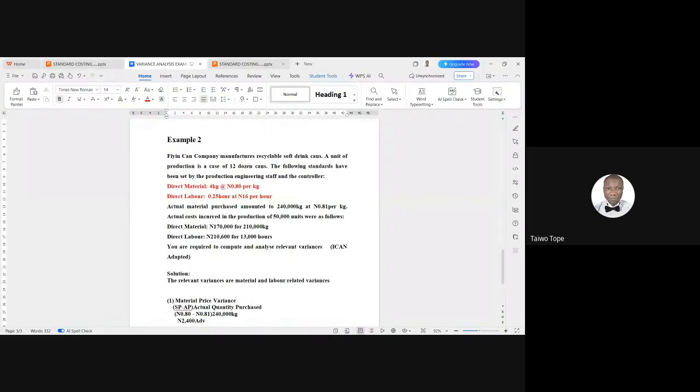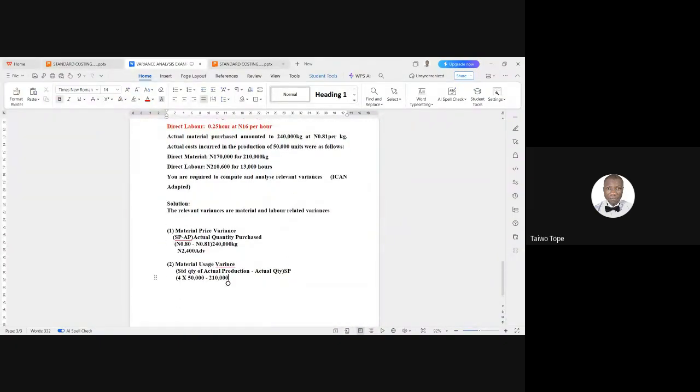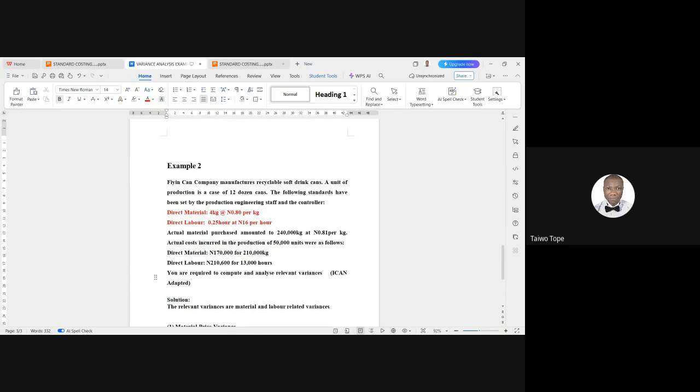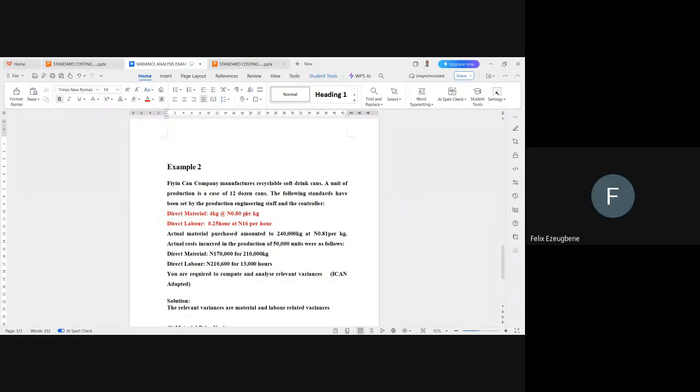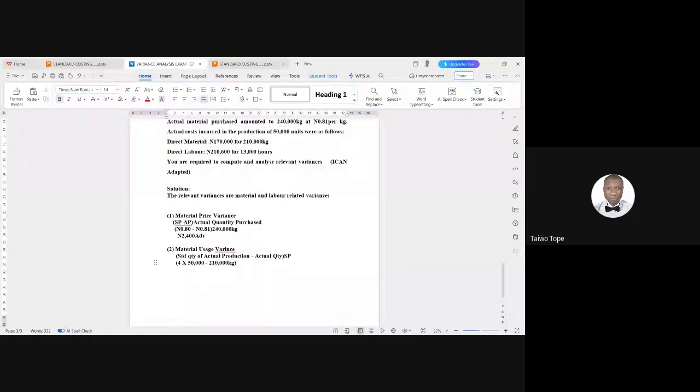See it here, direct material: 170 was paid to get 210,000 kg. Now, your standard price for the material is what? 80 kobo, which is 0.8.